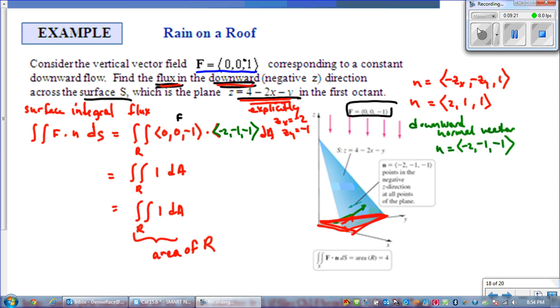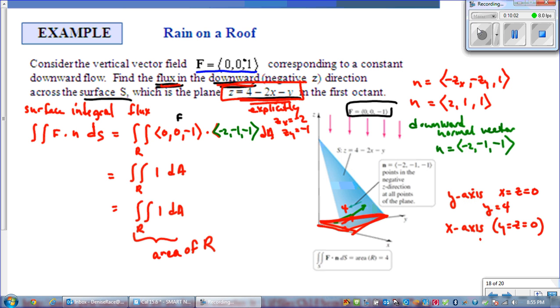Let's see. The plane here intersects the y-axis. The y-axis is where we're going to have x and z equal to 0. So that would be y equal 4. And along the x-axis, that's going to be where the z and the y are both 0.